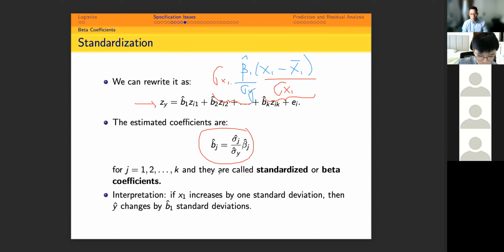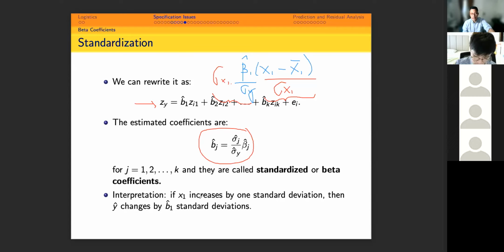What we're interested in is how do we interpret the estimated coefficient? Since the left-hand side is transformed into a standardized variable and the right-hand side variables are also transformed into standardized variables, the estimated coefficient is going to be the following.